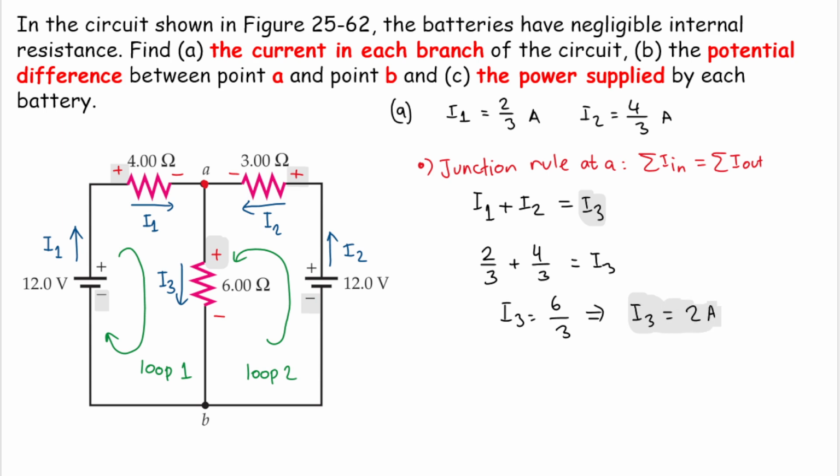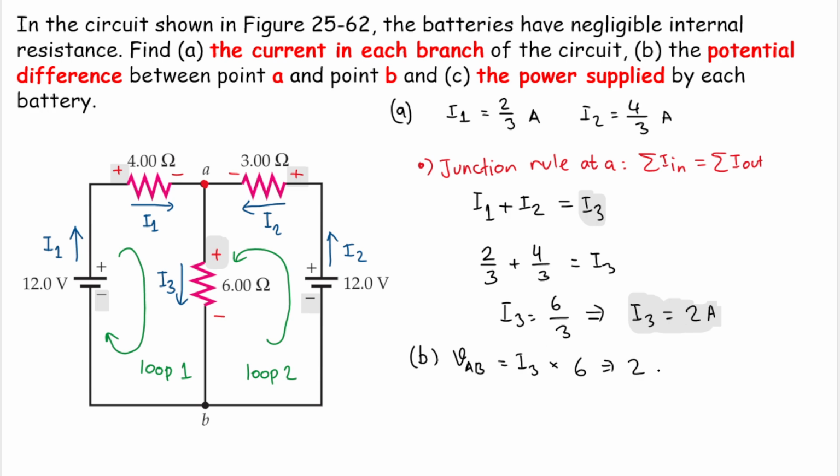Good. And now let's answer question B, the potential difference between point A and point B. So we need to find out VAB. And we can just use Ohm's law here. So we'll have I3 multiplied by the resistance. So we'll have 6. And I3 is 2 ampere.